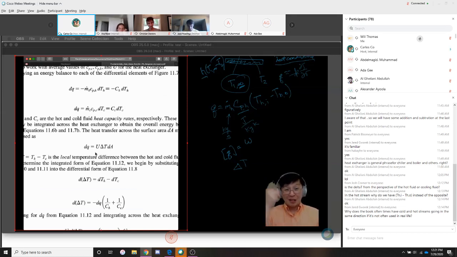A typical value of U, earlier you saw it for water, was 800 watts per square meter per Kelvin.